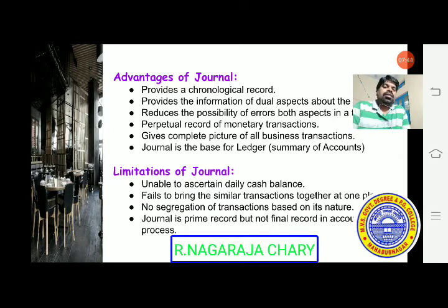So these are the advantages we discussed. Let us see limitations of journal. Of course, when we see a coin, there will be two sides, that is head and tail. In the same way, we can observe, you can take any topic.